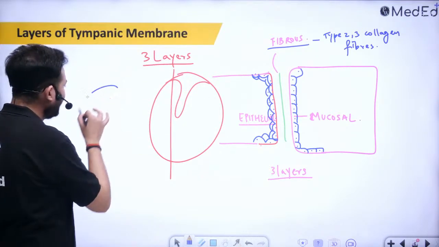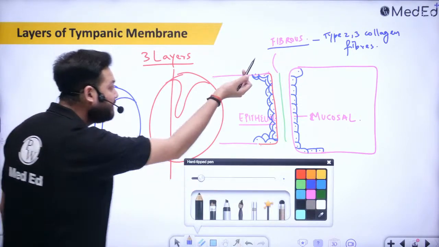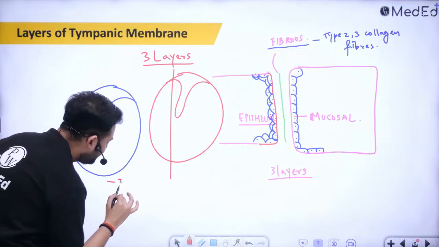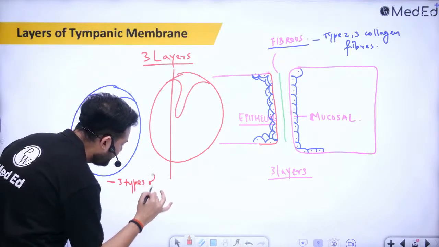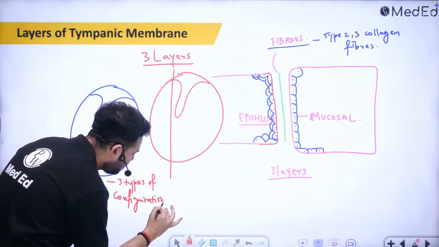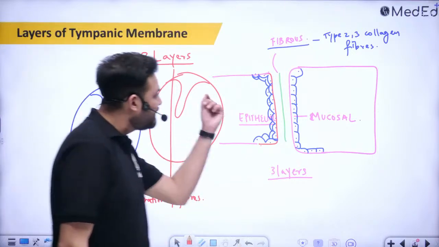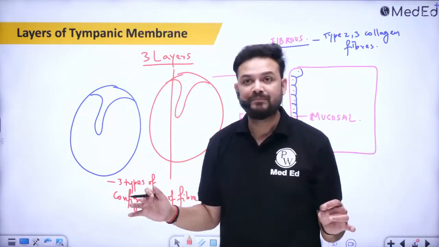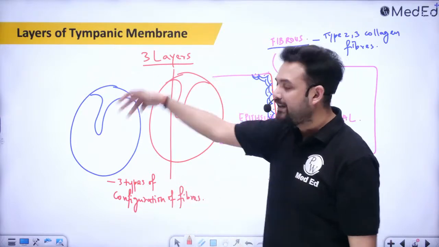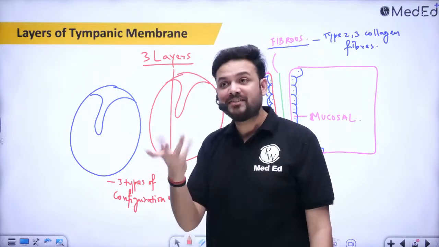That in my tympanic membrane, this fibrous layer in the pars tensa has got 3 types of fibers or 3 types of configuration of fibers. यानी कि the fibrous layer is very well formed in our pars tensa. Okay, and it has got 3 types of configuration. कॉन्फ़िगरेशन का मतलब 3 तरीके से fibers are present in our pars tensa. Okay, now what are these configurations?